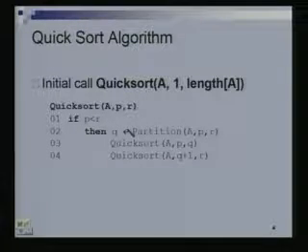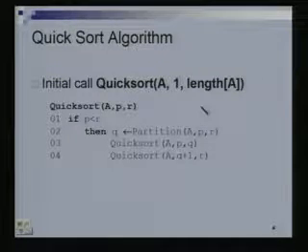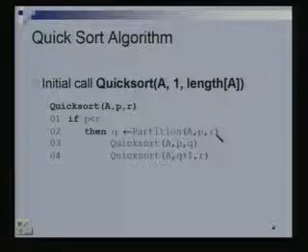What do I do? I first find the partition of this part, p to r, right? I invoke the previous procedure, partition A, p comma r. What does it do? It rearranges the part of the array between p and r such that everything which is less than the pivot is in the initial part of the subarray, and everything that is more than the pivot is in the later part of the subarray. And what does it return?